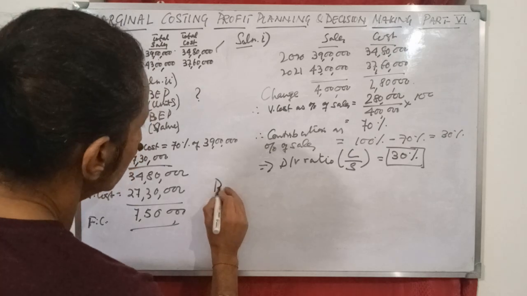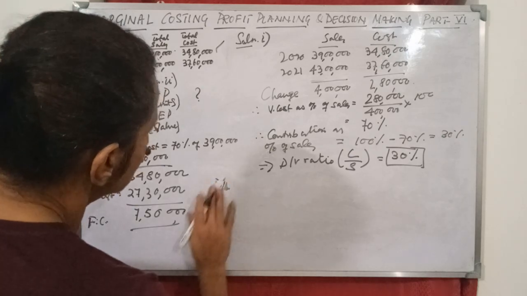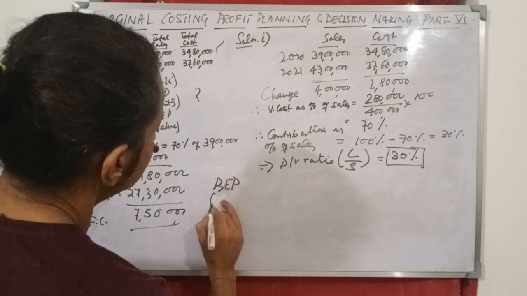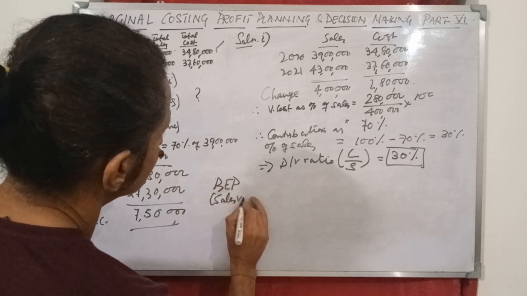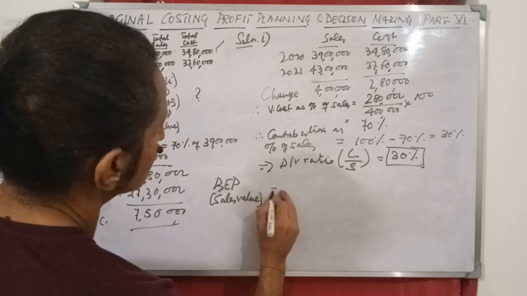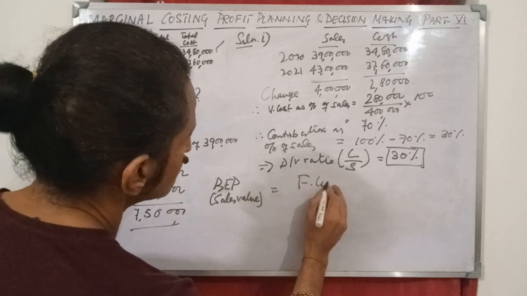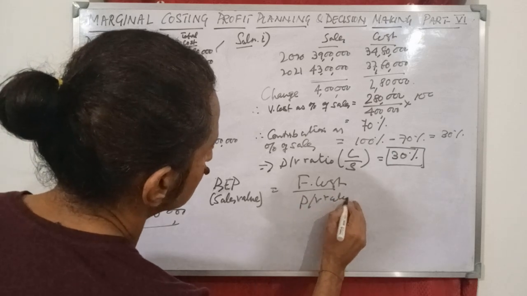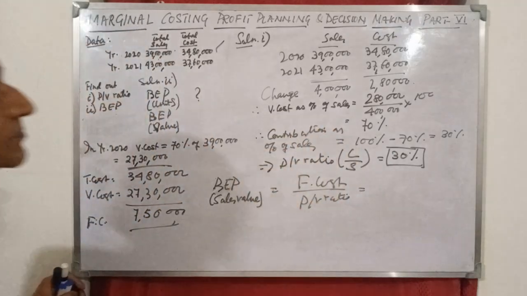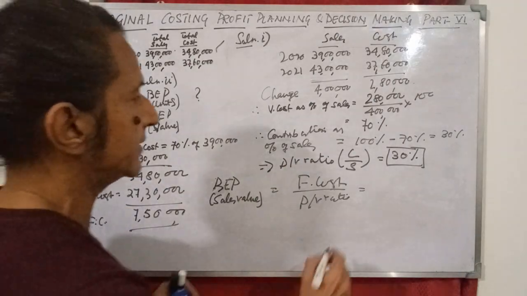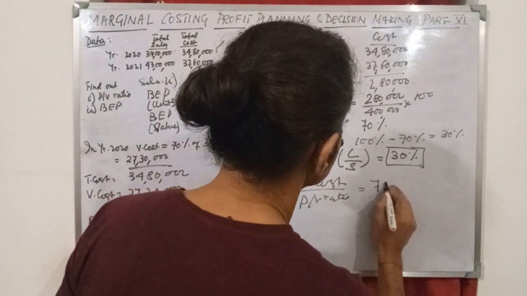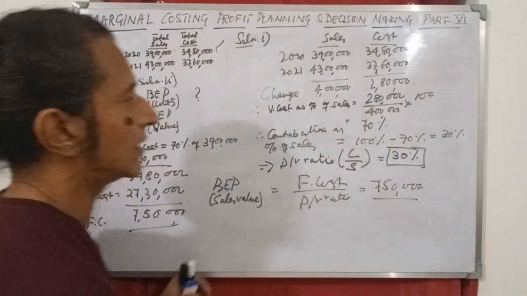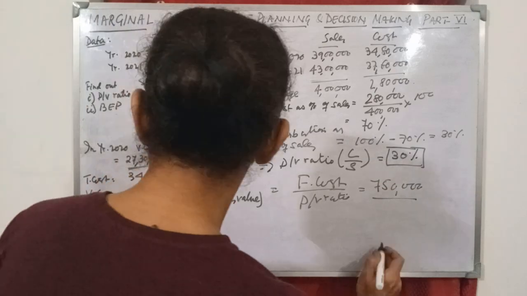So now we are in a position to find out the BEP, break-even point, in sales value. That is fixed cost by PV ratio. That is 750,000 divided by how much is PV ratio? 30%.